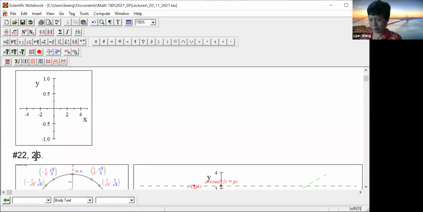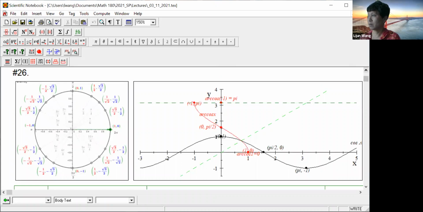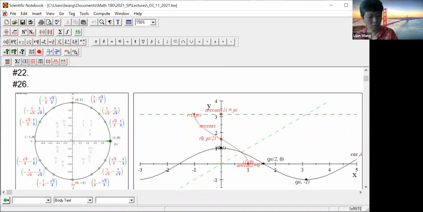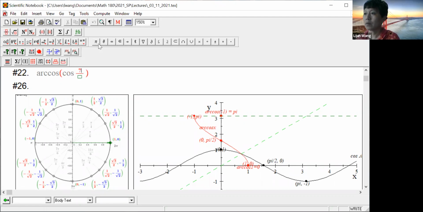Questions 22 and 26. 7 pi over 4 and 26.